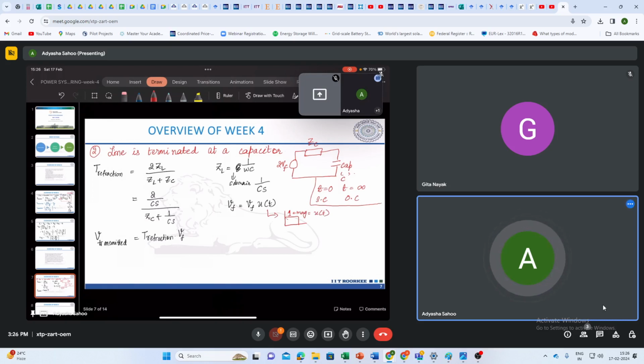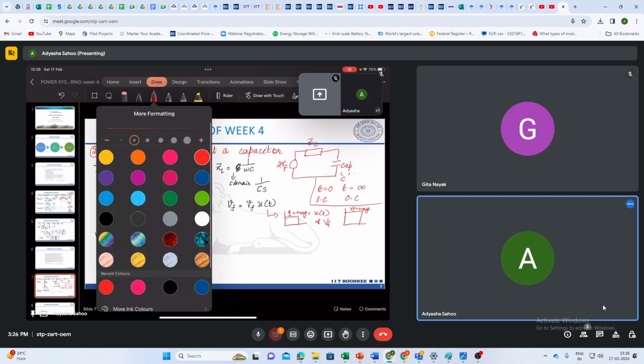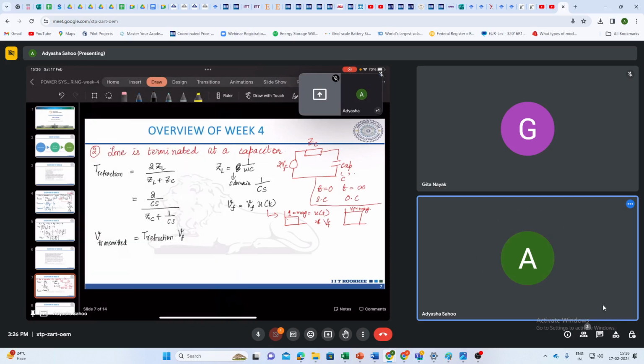If I multiply this signal with VF, the magnitude is now VF. So this is your incident voltage, which is a step signal. So it is T refracted into VF.